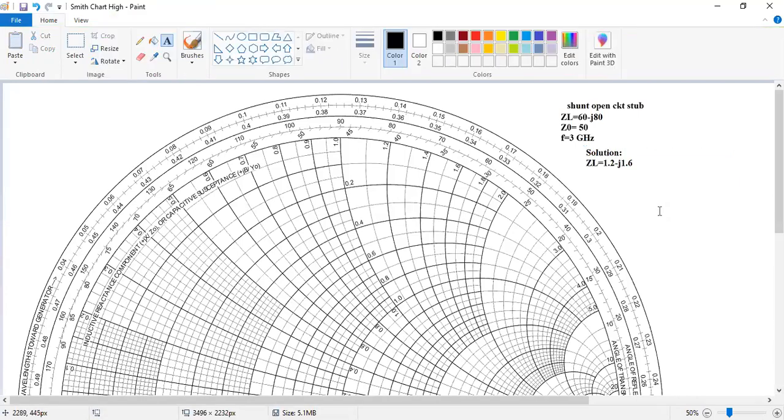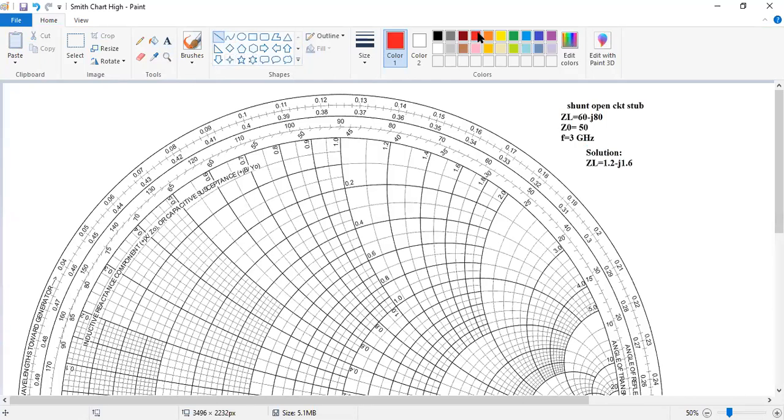Is there a need to convert this ZL into YL, or is there no need? Yes, sir, we have to convert into YL. Why convert?